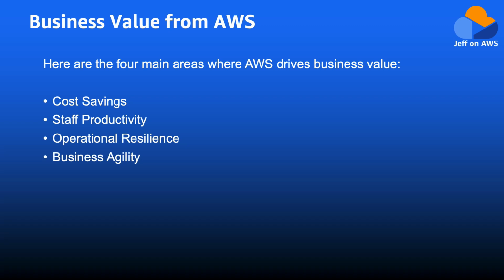That business agility of being able to move quickly, whether it's new services or provisioning new hardware, gives your business basically an advantage over other customers not in the cloud.